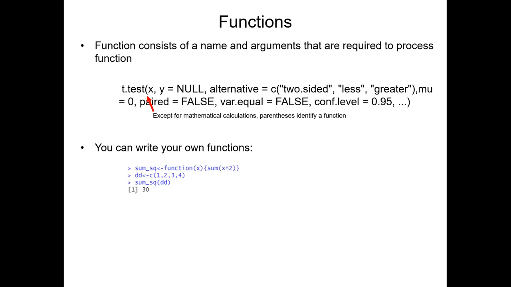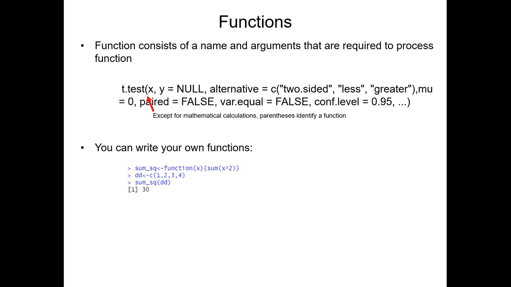In this case, I'm showing the function for a t-test and all the different arguments within it. If you remember some stats, you can do two-sided tests by testing means, or you can test hypotheses on whether one is less than or greater than the other. So that's how you would do that.